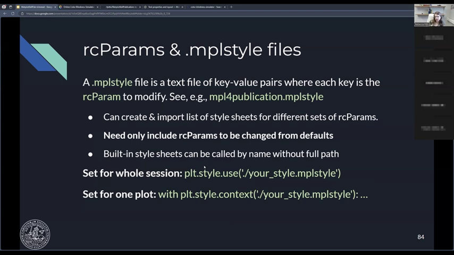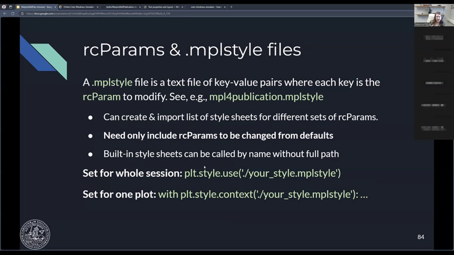So you can actually combine multiple style sheets. And there are also built-in style sheets that you can call by name without the full path from Matplotlib. So there's a colorblind style sheet, for instance. That's something that is built into Matplotlib and that you can import.